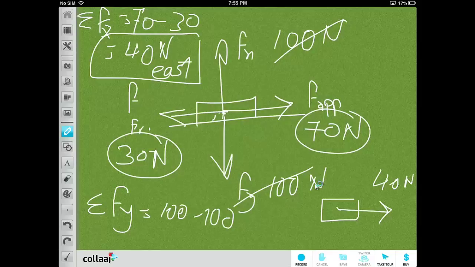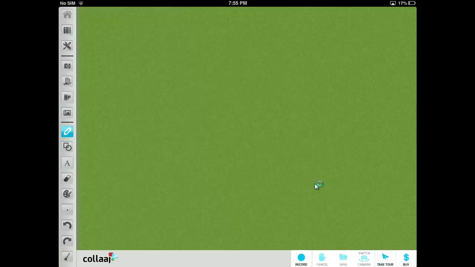The same case but a different situation. It's very important to consider what if the Fn is not equal to Fg. Suppose that we have such a situation, such as this object.